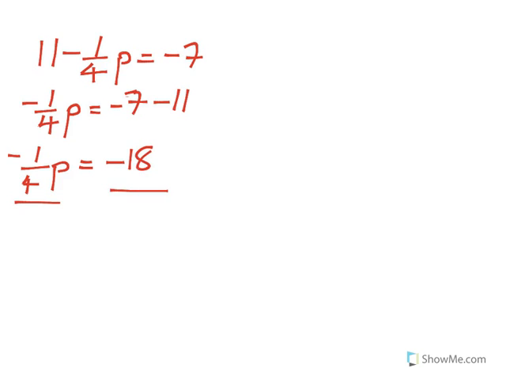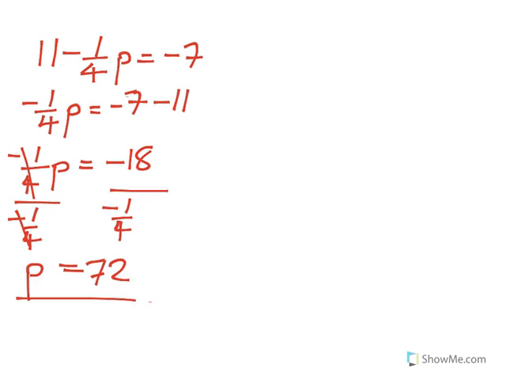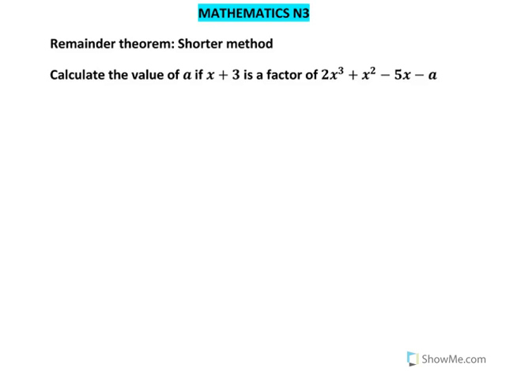You divide both sides by minus 1 over 4. From my calculator, we are going to get p is equal to 72. So that is how you solve and find the value of p. Let us move on and look at another one similar.